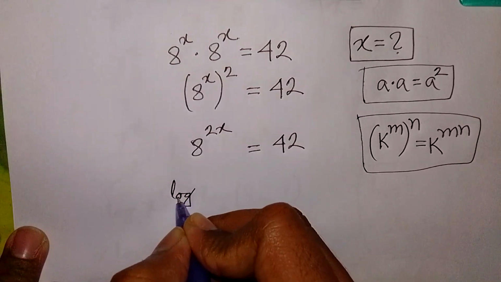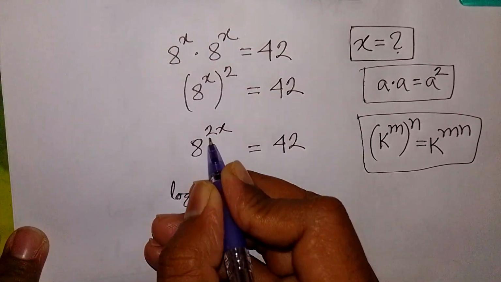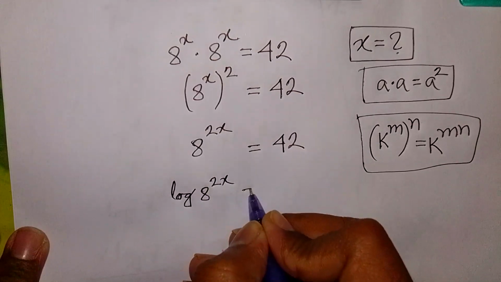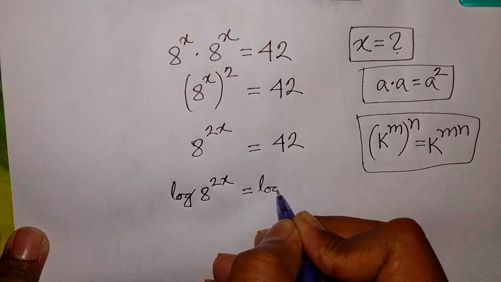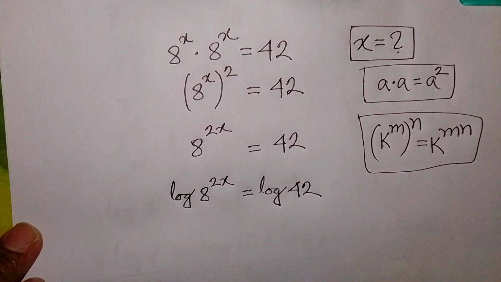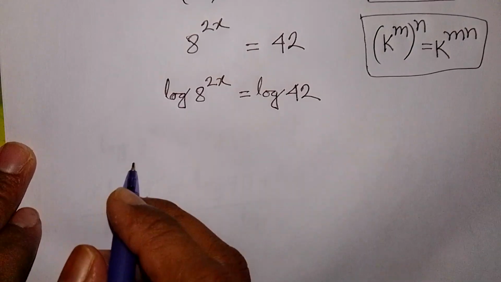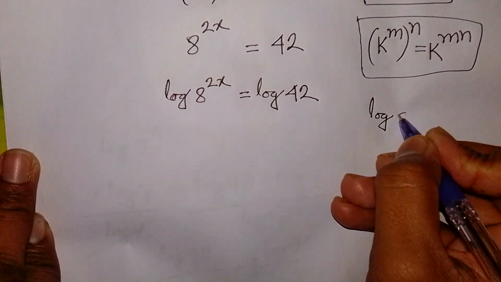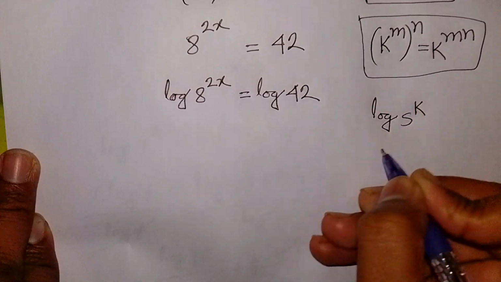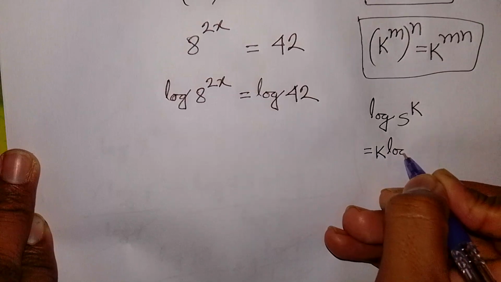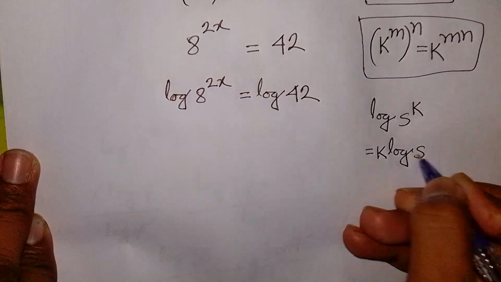So, log of 8^(2x) is equal to log of 42. In the next step, we apply this rule: log s^k is equal to k log s.